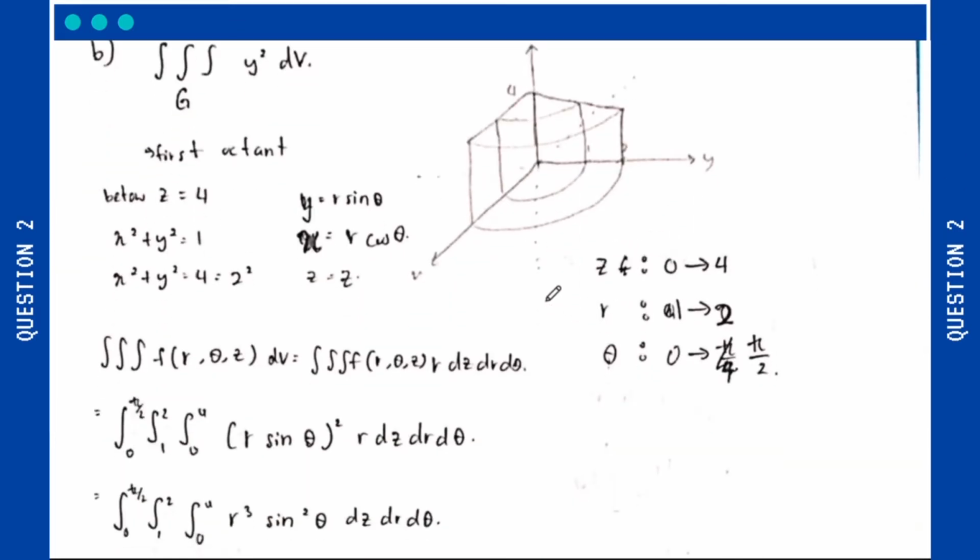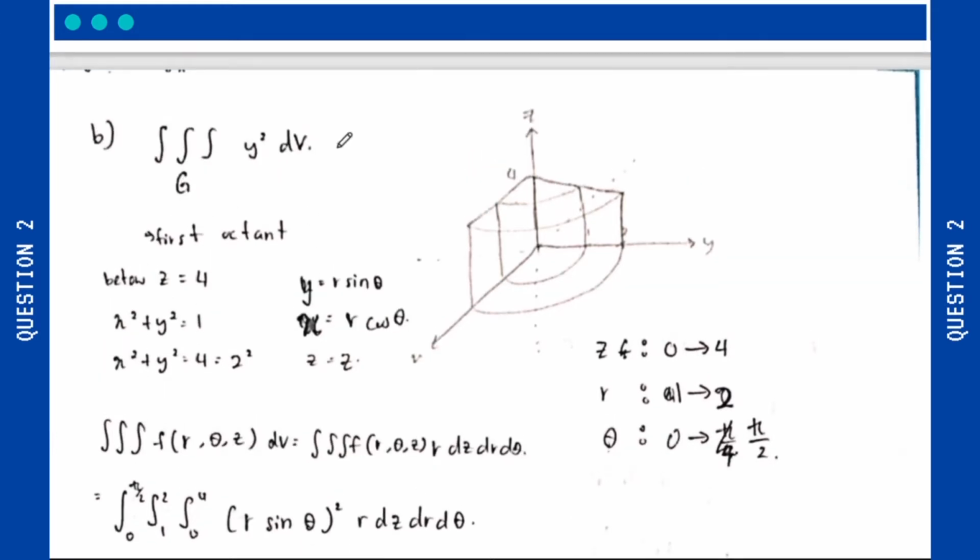Question 2b, evaluate the integral, this one, where the first octant, z equal to 4, x squared plus y squared equal to 1, and the cylinder x squared plus y squared equal to 4.